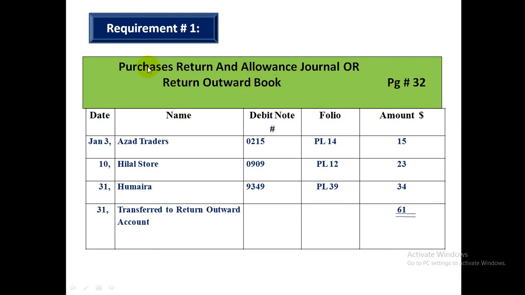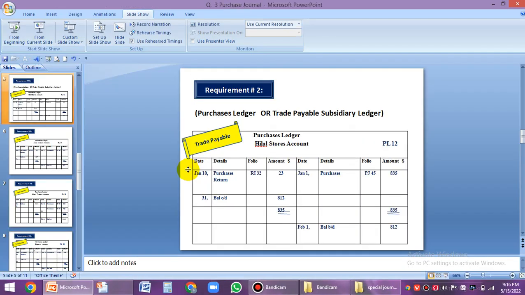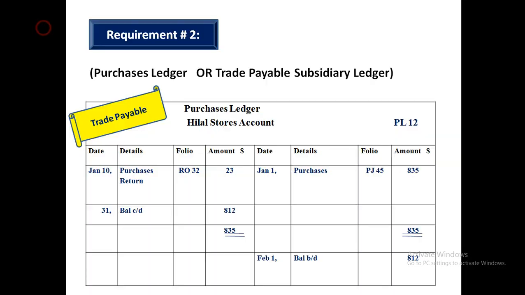RI is the return inward journal, but this is the return outward journal, so we should give it RO. RO 32 is the page number of the return outward journal. We had posted this amount from the return outward journal.